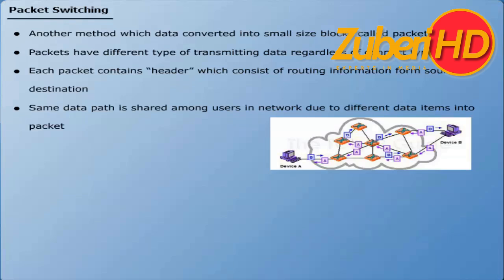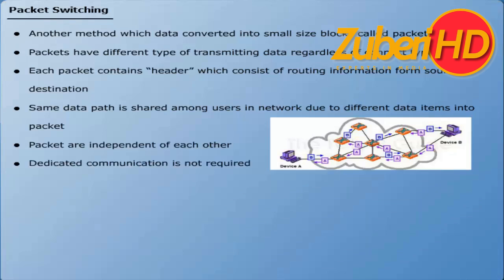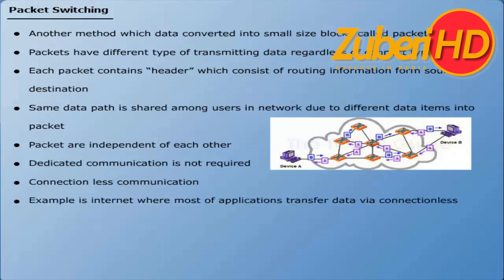The packets are also independent of each other and therefore dedicated communication link is not required. This type of communication between sender and receiver is also known as connectionless. The example of packet switching includes Internet, where most of the application transfer data via connectionless mode of communication.